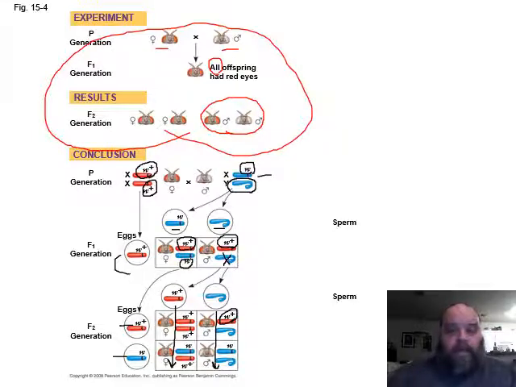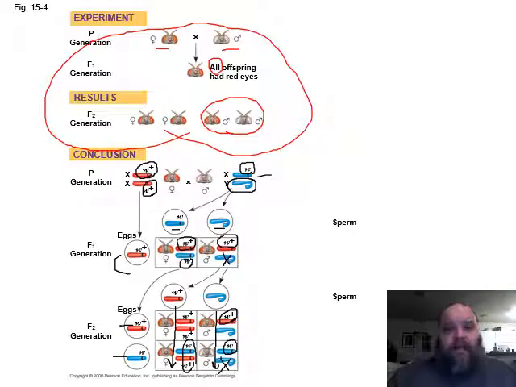These heterozygous females, W plus W, just like we saw in the F1, W plus wins out because it's dominant. These are heterozygous dominant females. Here's our white-eyed though. W, nothing. There you go. Only way it could work.